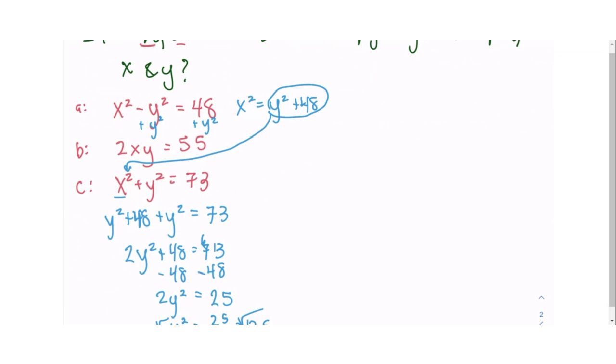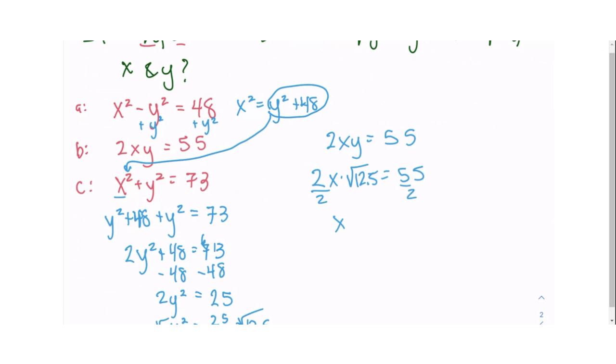Okay, that's fine. But now I want to find out what x is. Now that I know what y is, I can put it into something else. Let me put it into this one. We have 2xy is equal to 55. So I can do 2x multiplied by the square root of 12.5 equals 55. So divide by 2.